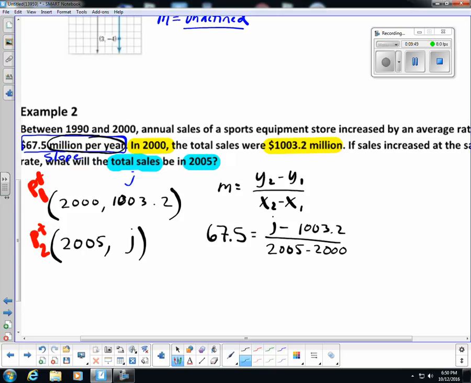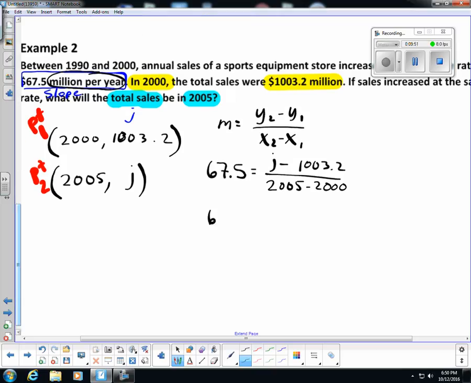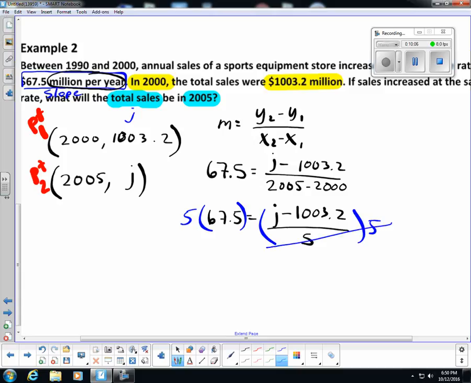Go through the algebra here a little bit. Okay, 67.5 is equal to J minus 1003.2 over 5. We're going to multiply each side by 5. What that does is cancels those two out. 5 times 67.5 is 337.5.